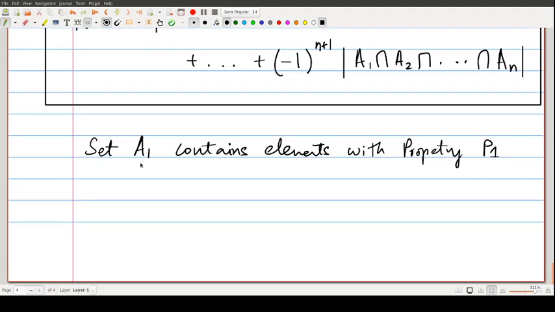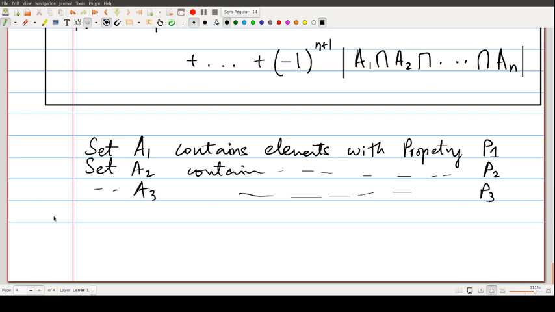So some property P1. And set A2 contains elements with property P2. Set A3 contains elements with property P3, and so on and so forth up until set An contains elements with property Pn.